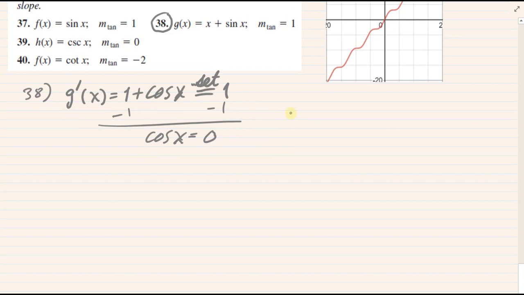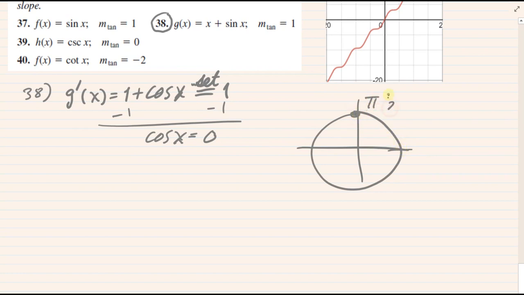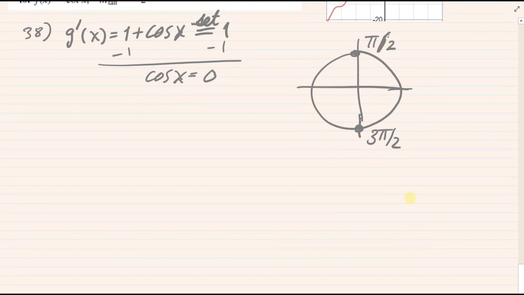Now if you recall from the unit circle, cosine is 0 at 90 degrees, right, which is pi over 2. And it's also 0 at 3 pi over 2, which is 90 and 270 degrees. That's of course taking the direction in the counterclockwise direction.